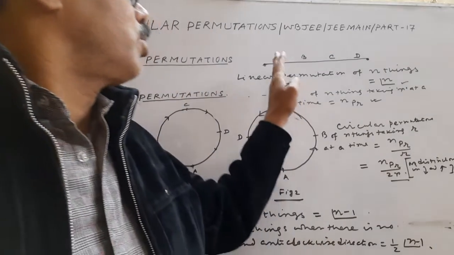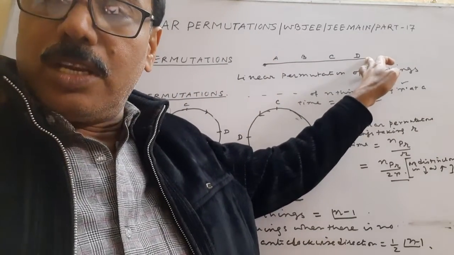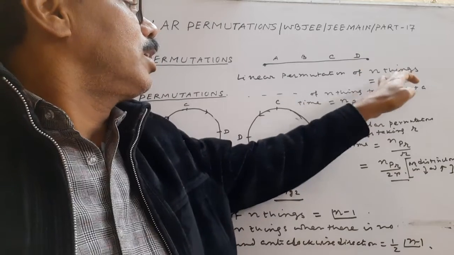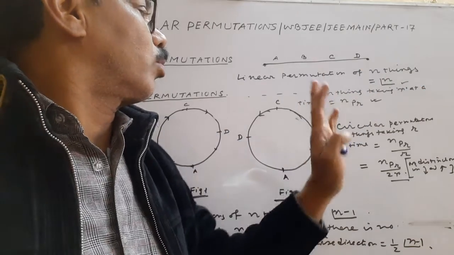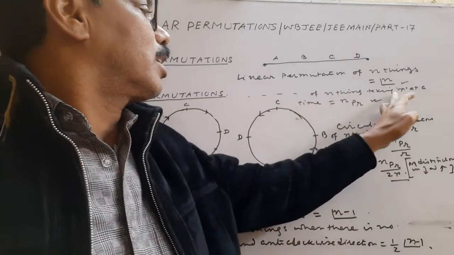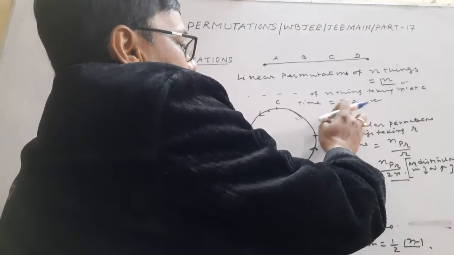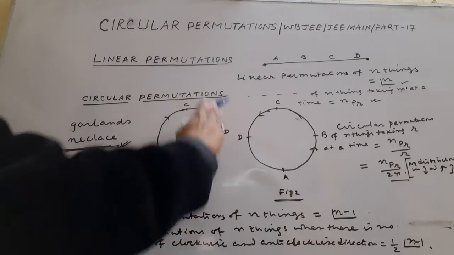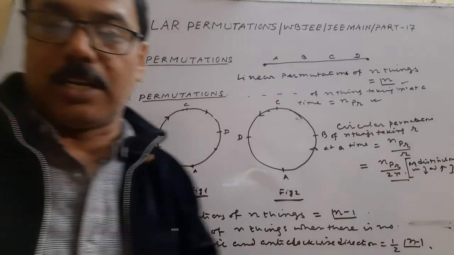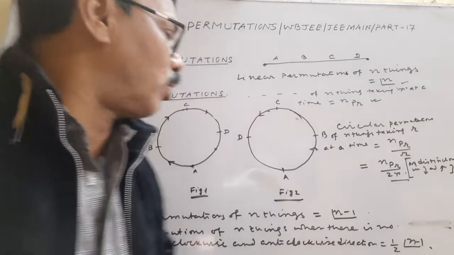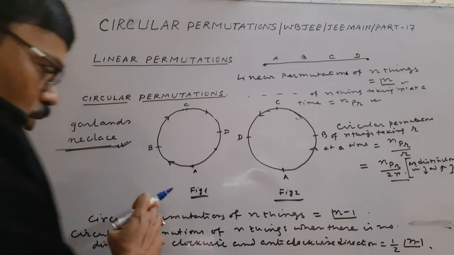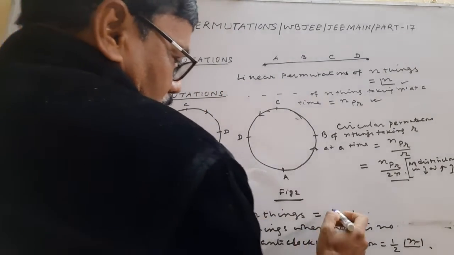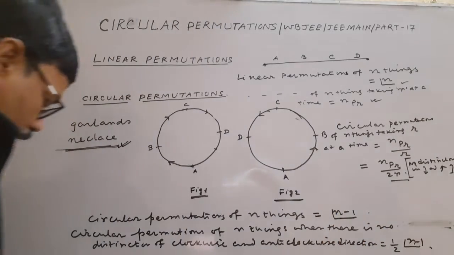So linear permutation has two endpoints. Linear permutation of n things taking all at a time is factorial n. N things taking r at a time, nPr. Now, when things are arranged along the circumference of a circle, then it is circular permutation. Circular permutation of n things, factorial n minus 1.